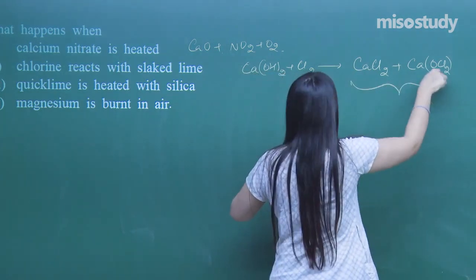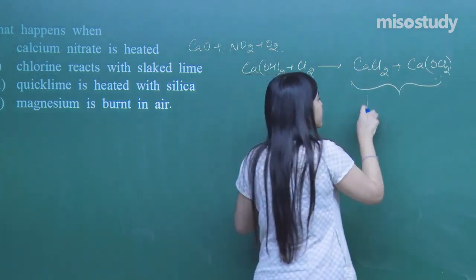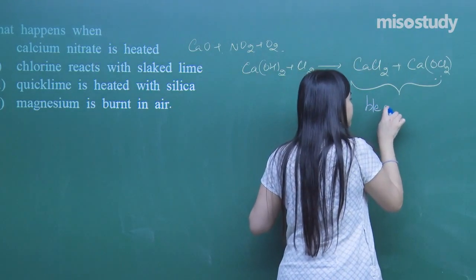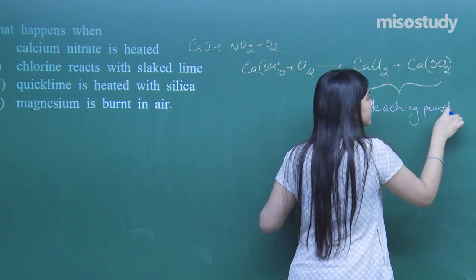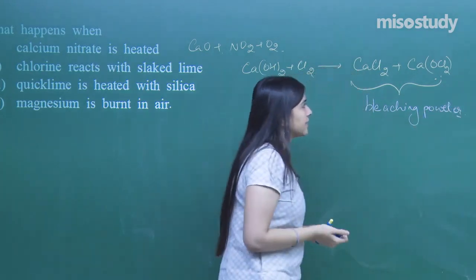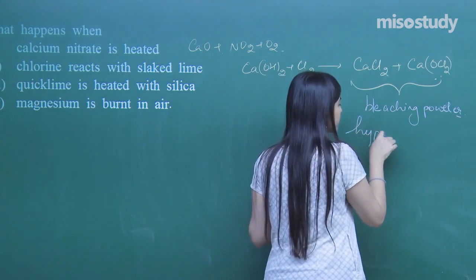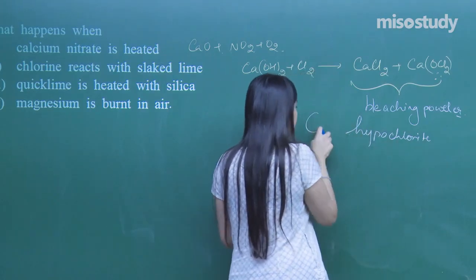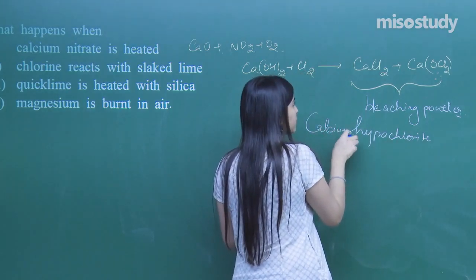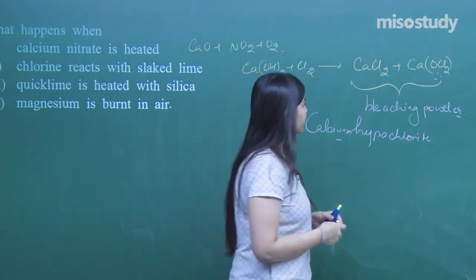What mixture is this? Tell me. So, this is what? Bleaching powder. Yes, we have formed the bleaching powder. And this is calcium hypochlorite, right? So, this one, calcium hypochlorite. Clear? I hope that is clear to you.